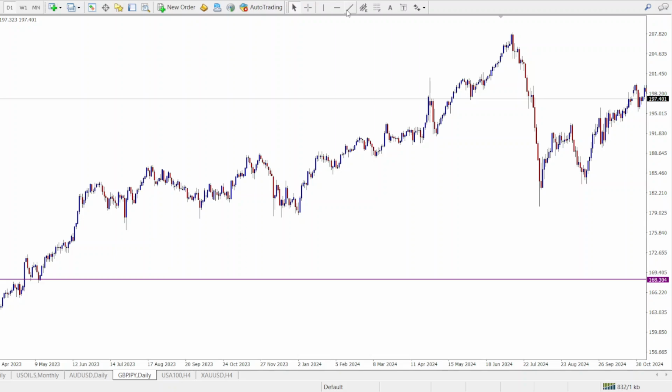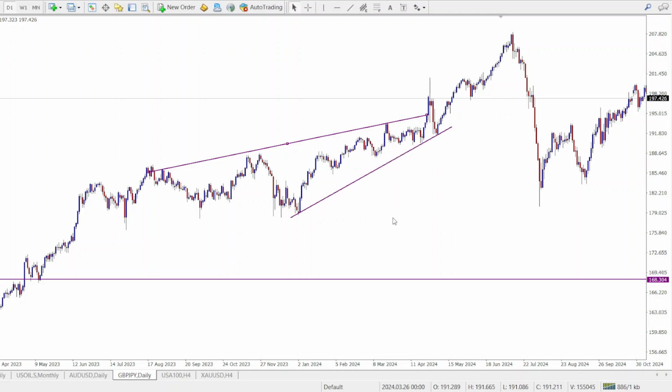So let us see if we can find an example of a rising wedge. Okay, I think we have a rising wedge around here, because we can see somewhere around here we have higher highs being formed, and we also have higher lows.